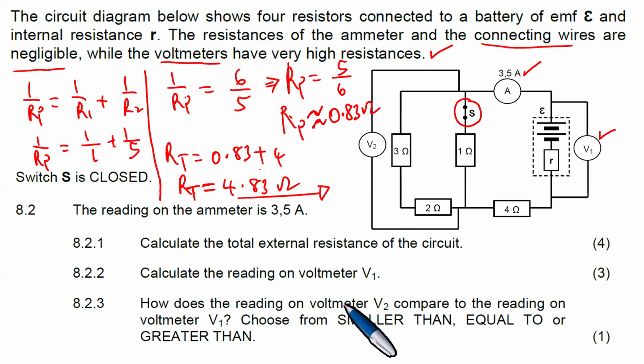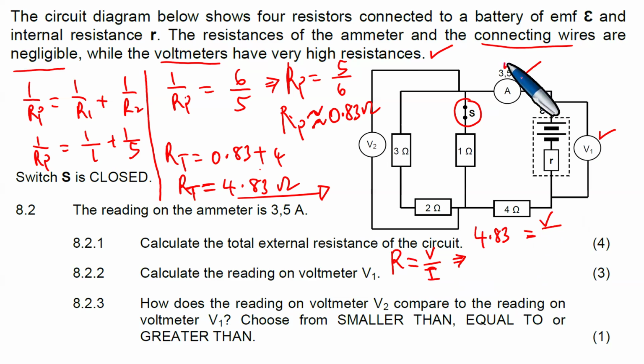So obviously at this point, we're going to use our old friend Ohm's law, because we assume the temperature is constant and the things are not getting hot. So we have R equals V over I. This is Ohm's law. 4.83 is the total resistance of the external circuit, V over the current.